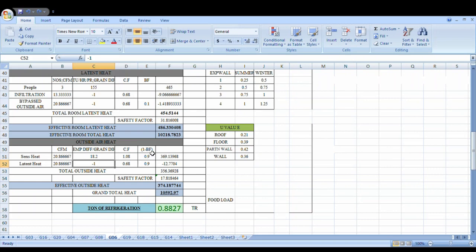So 1 minus bypass factor you will get 0.09, so you will get this value. So effective outside heat is 374.18, and grand total heat you will get 10592.97. So ton of refrigerant you will get 0.8827 ton.